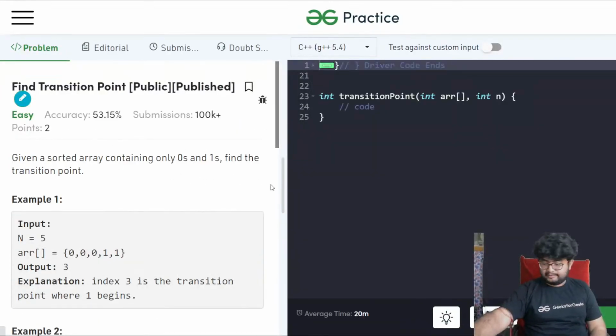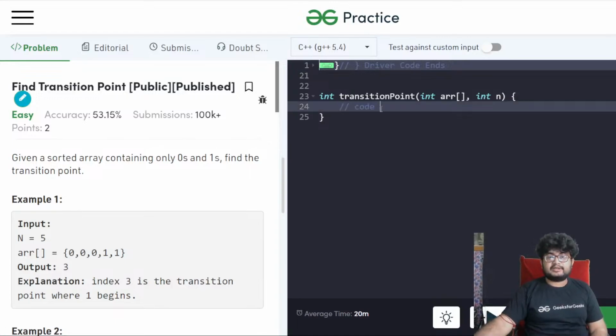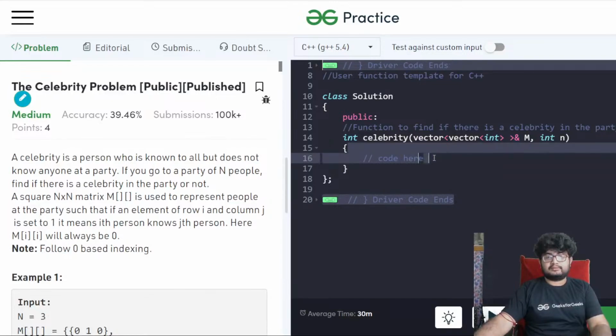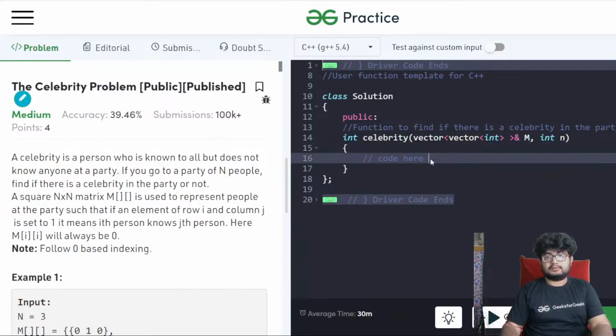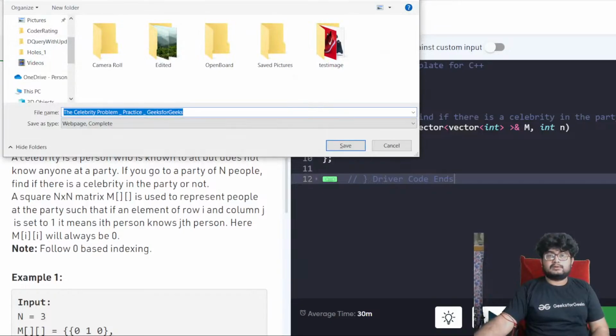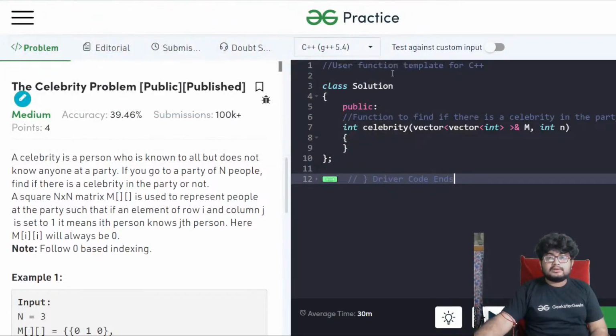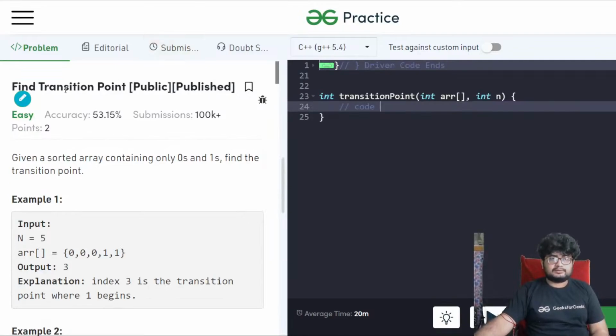Okay, why is it not working? If that's the case, then probably we have to use the whiteboard.